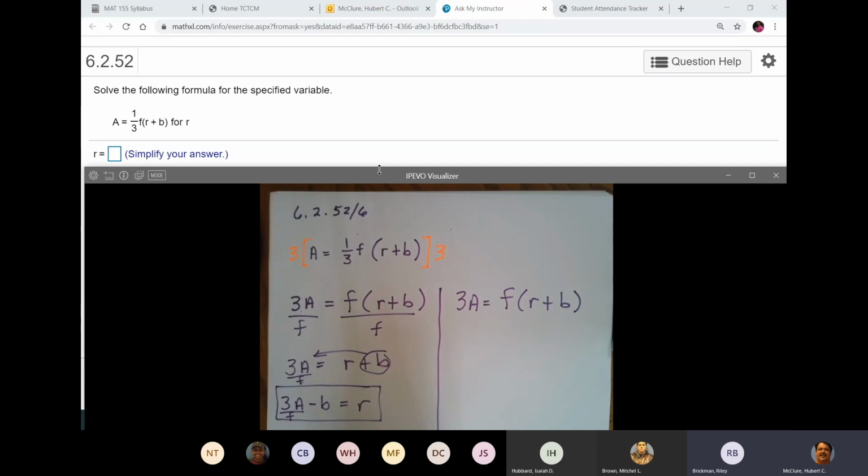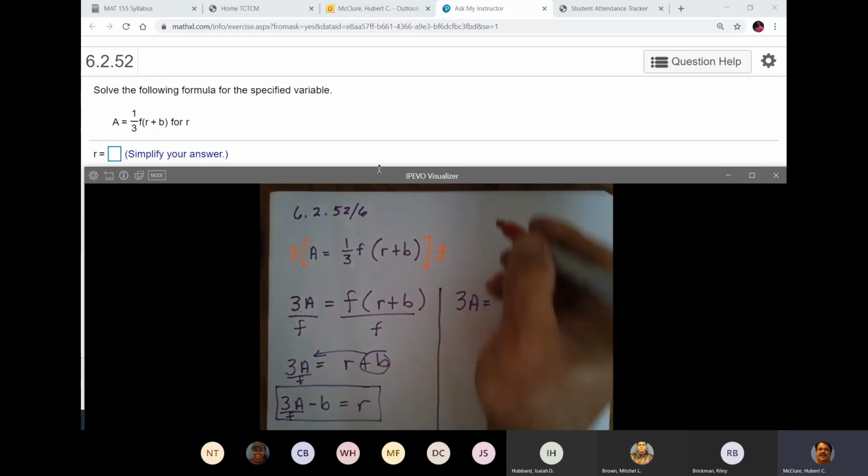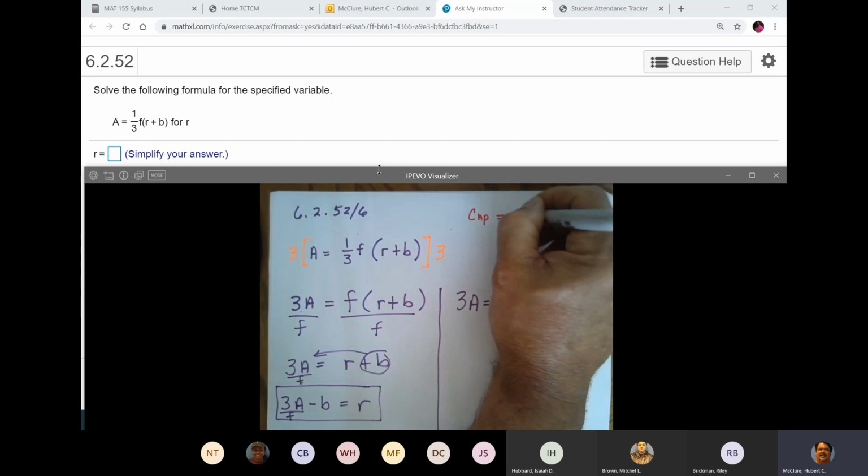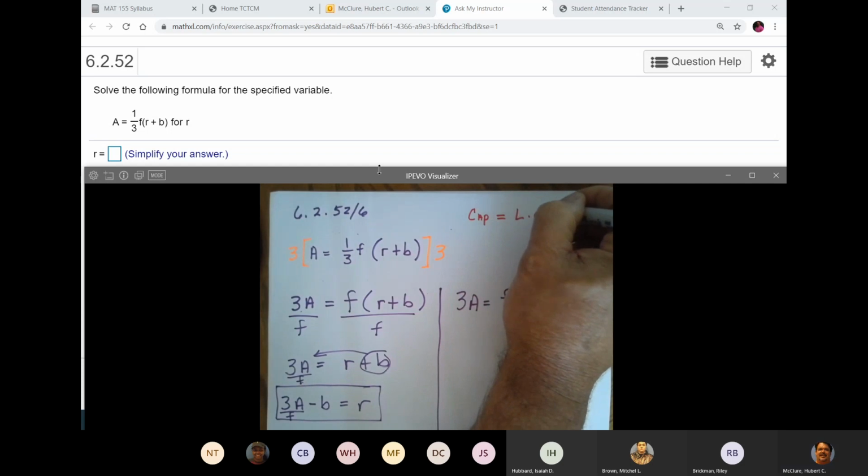Yeah, that's why I gave y'all... I'm glad you brought that up, because I told y'all the other day, when you're dealing with formulas, and I'm gonna write this in red again, capital letters do not equal lowercase letters.